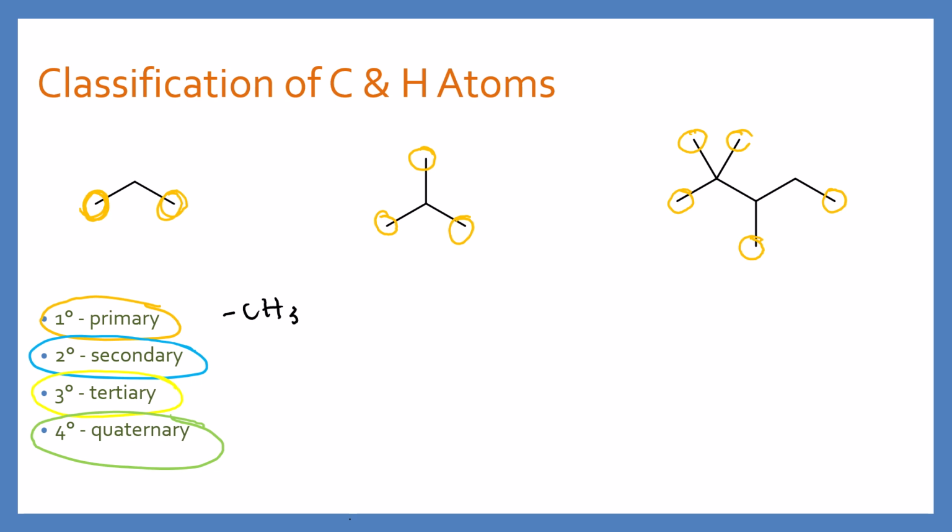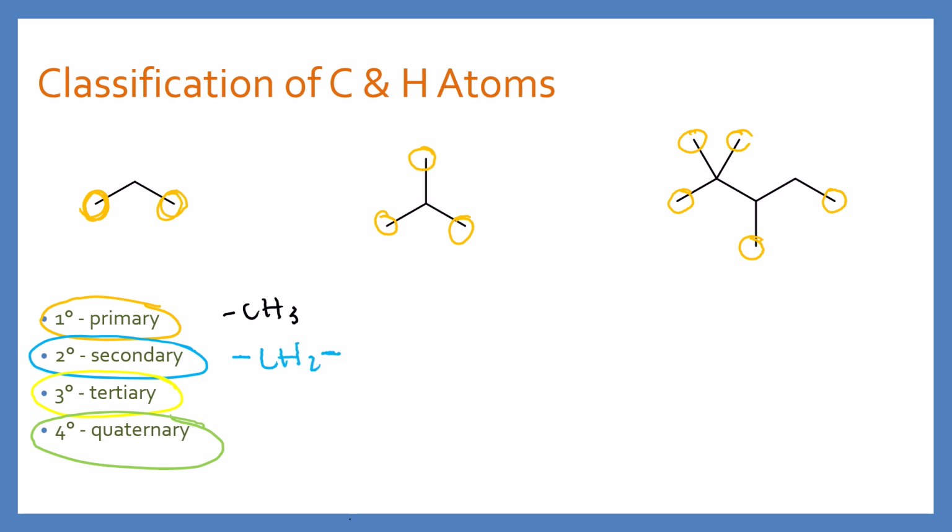Next up, we have our secondary carbons. Secondary carbons are attached to two other carbon atoms. So you'll notice that these tend to have the formula CH2.